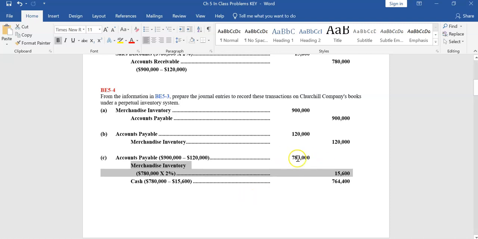This inventory was originally recorded at $780,000, but it actually only cost them $764,400 due to the discount. That's why we are now decreasing that inventory. We are crediting the inventory account to reflect the fact that it actually costs $15,600 less as a result of the discount.